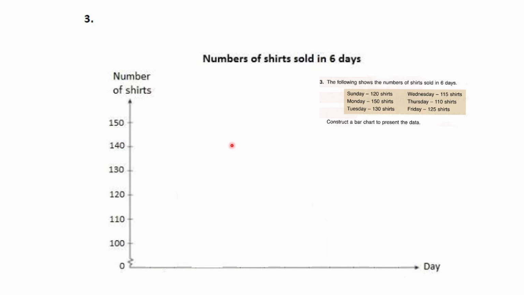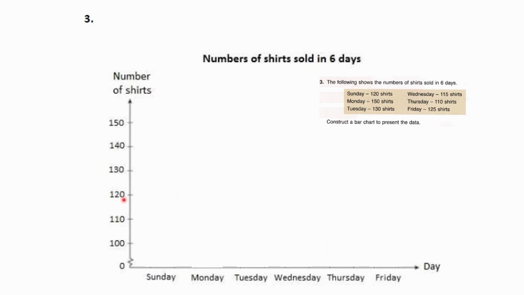So the next thing we do is write our days along the bottom on the day axis. So now we are ready to draw our bars. Take your ruler and measure the first one, Sunday, 120 shirts.